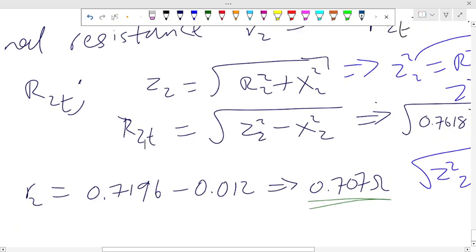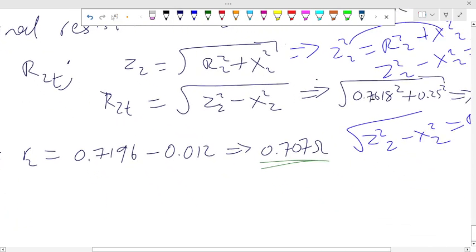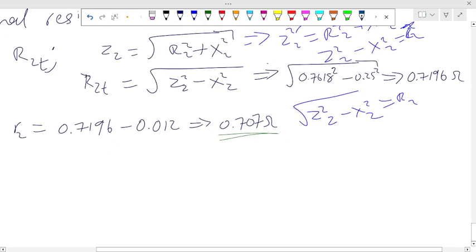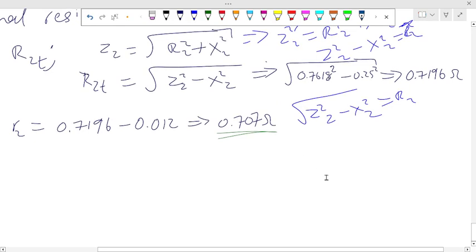Okay, now we've calculated Z2 already to be this. Wow, what a funny thing. This is negative. Okay, that's negative. So let's see if that's still correct. So I have a bunch of calculators.